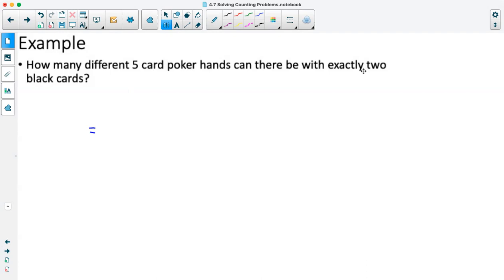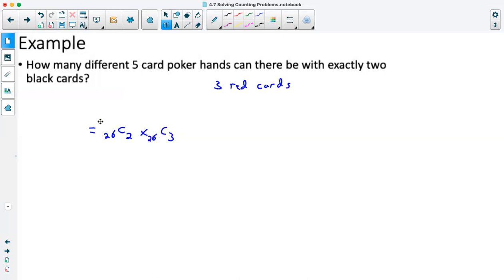So we're selecting 2 out of 26 cards that are black. Now, if there's exactly 2 black cards, that means there are going to be 3 red cards. So we're going to multiply this by the different possibilities of 3 red cards that can be chosen. So we've got 26C3.